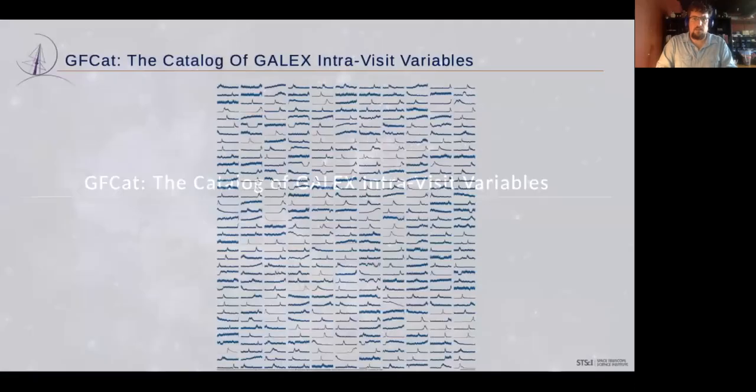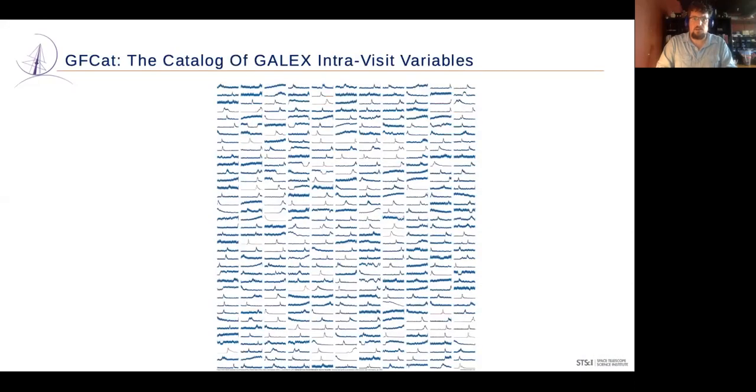And then finally, my most recent work is to again recalibrate all of the Galax data, and this time mine every single possible source in it for variability. This is not possible with gPhoton because gPhoton was really designed to do one star at a time.